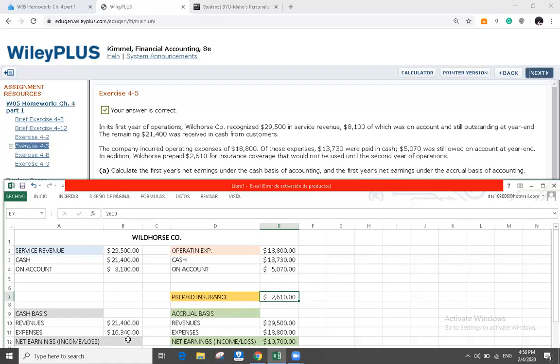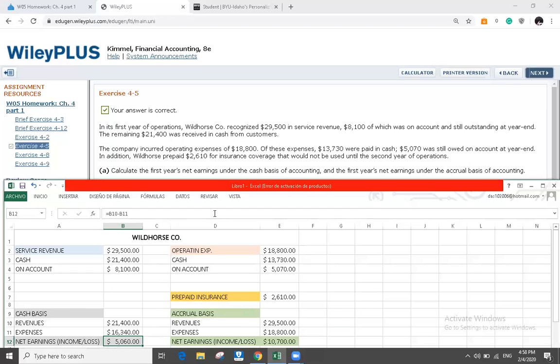But anyway, continuing with the cash basis accounting, what we have to do now is just the calculation. So revenues minus expenses will give you the answer of 5,060 dollars.